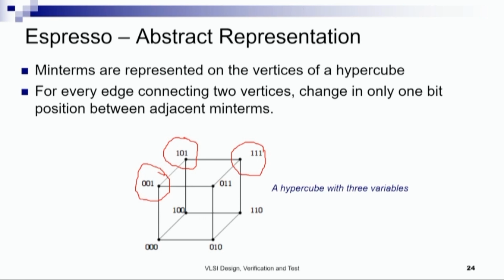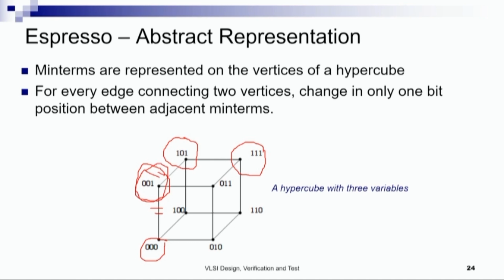Every edge connecting two vertices, for example this edge here, changes in only one bit position between adjacent min terms. This one is a min term here, this one is a min term here. This min term is 0, 0, 0, this min term is 0, 0, 1.